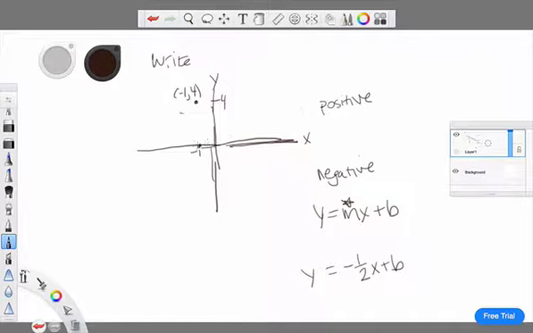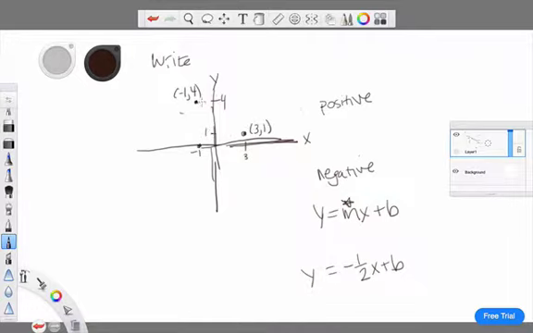X comes first, that's -1, and 4 is the y coordinate. And then let's say you're given another one over here, and let's say this is a 3 and that's a 1. So that's 3, 1.